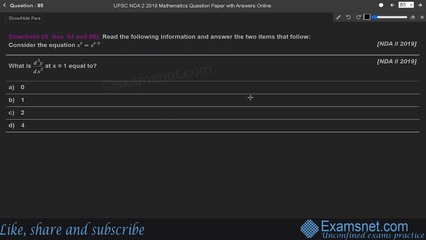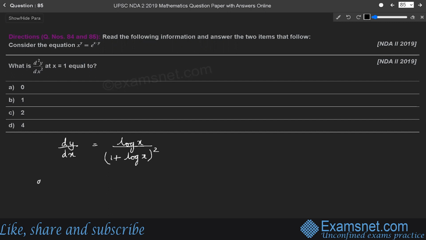What is d square y upon dx square at x equal to 1? From the previous question, we know that dy by dx is equal to log x upon 1 plus log x whole square.